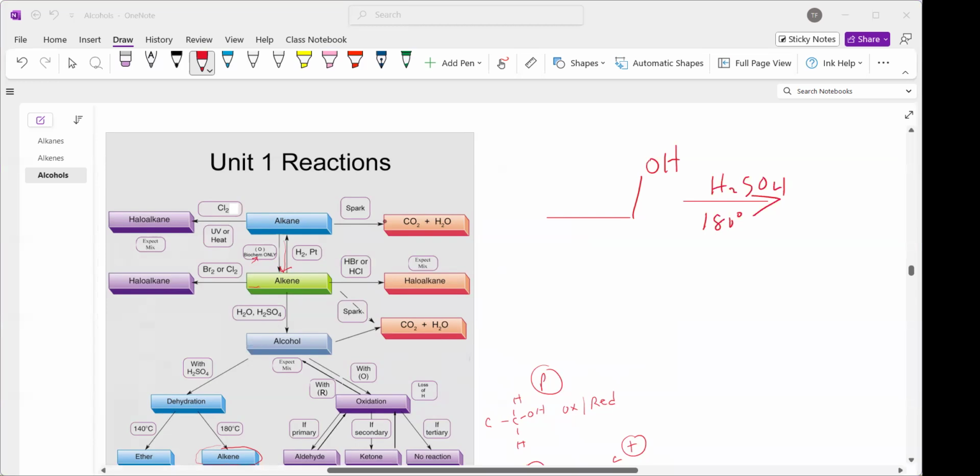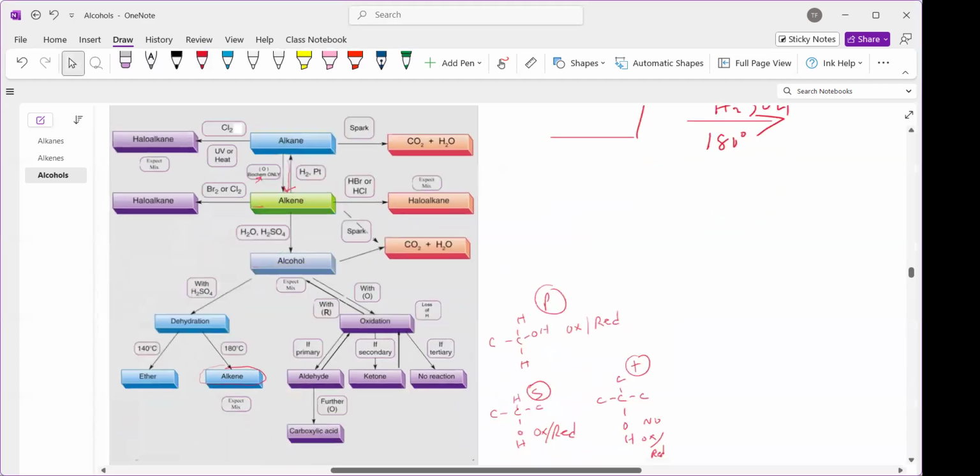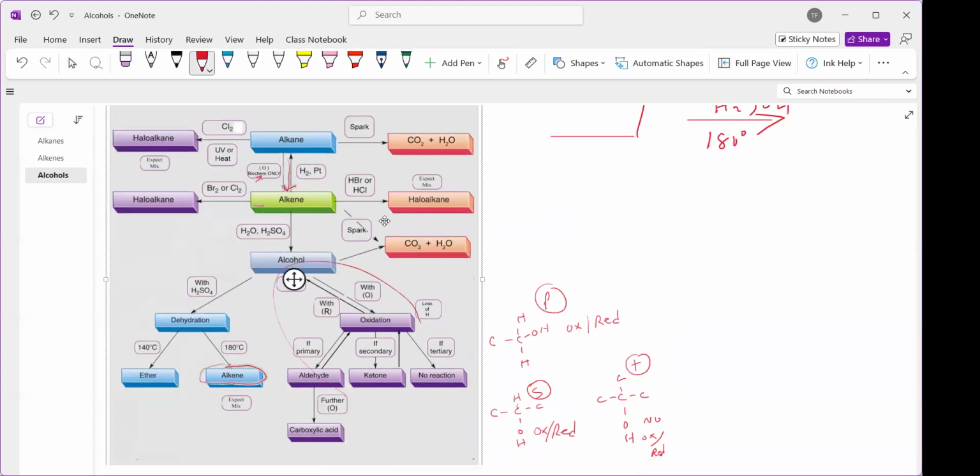What's going to happen? Well, we're not oxidizing it, so that's not this route here. That's an oxidative route. What we're doing is heating it only in an acidic environment. So, acidic environment, heat, and it says alkene.